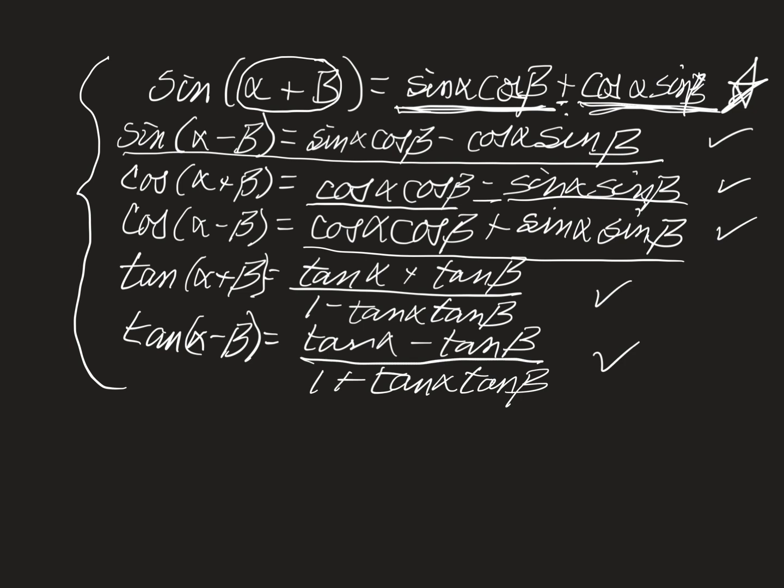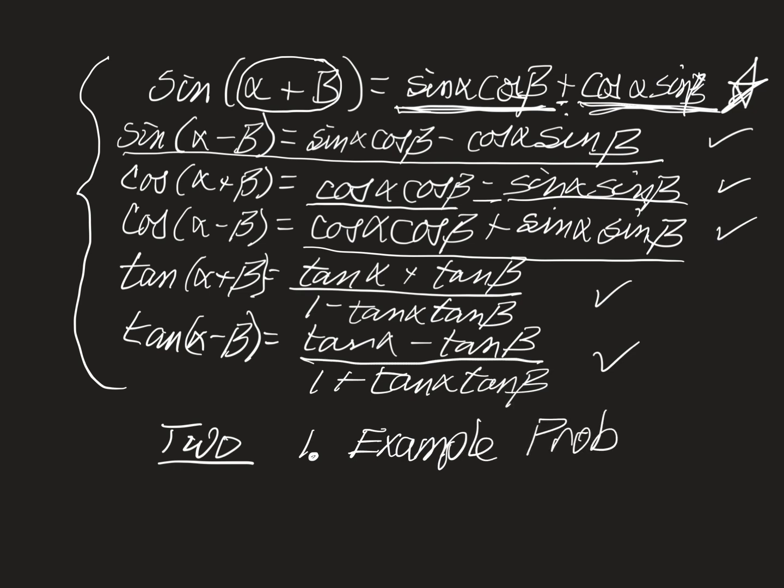Now, what is the key right now? There are 2 things I would like to do with these identities. Okay? Number 1, I'd like to show you example problems of where these identities are helpful. Number 2, I'd like to show you a proof of how at least one of them comes about.